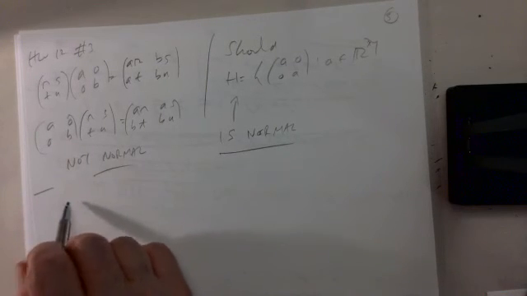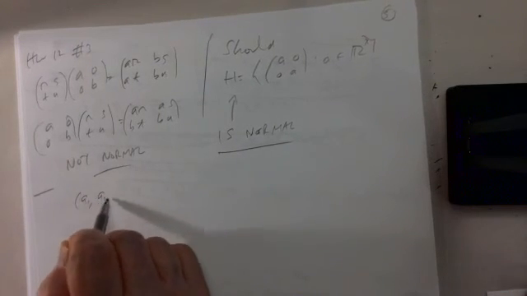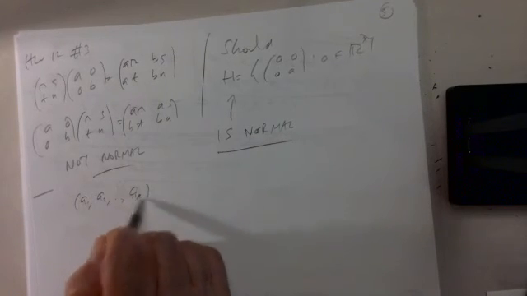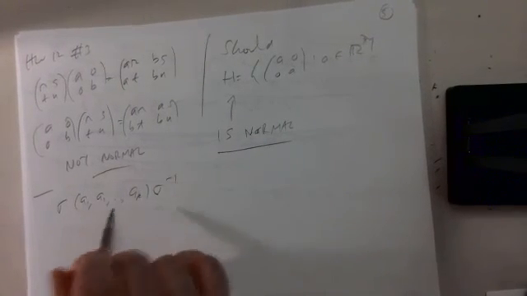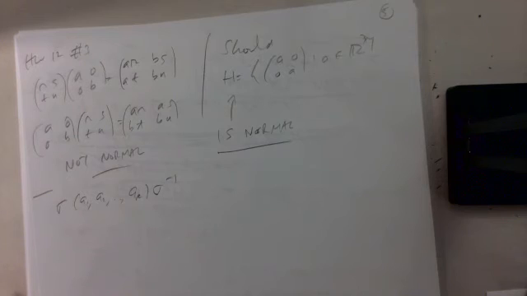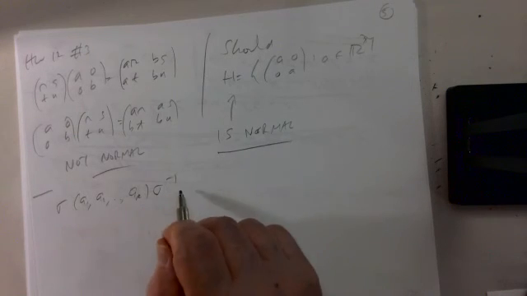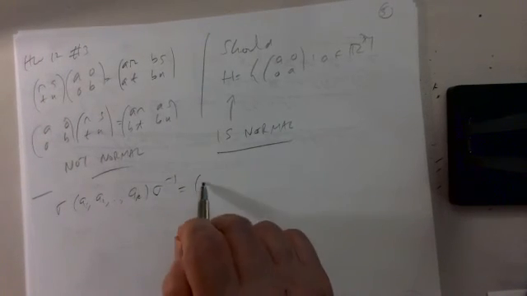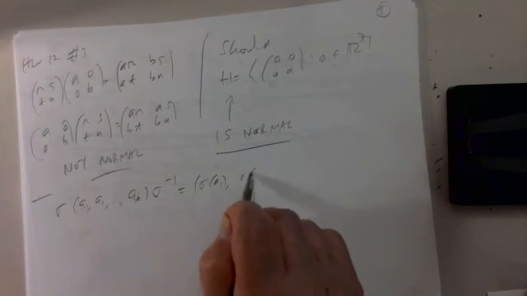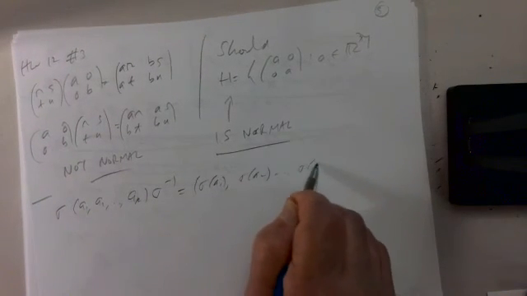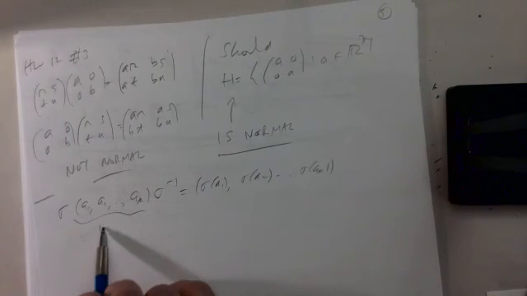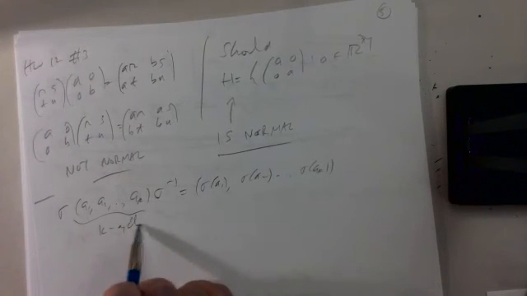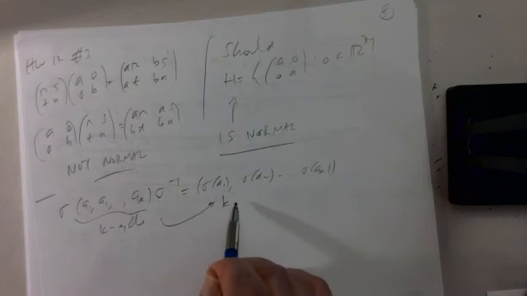If you have a cycle in a symmetric group and you conjugate it by a permutation sigma, you get the cycle sigma of a1, sigma of a2, ..., sigma of ak. So when you conjugate a k-cycle, it goes to another k-cycle.